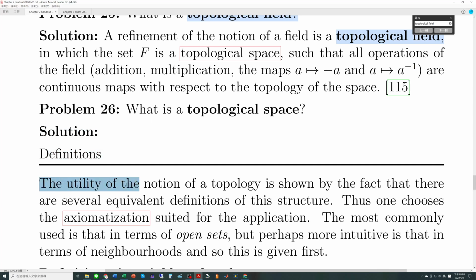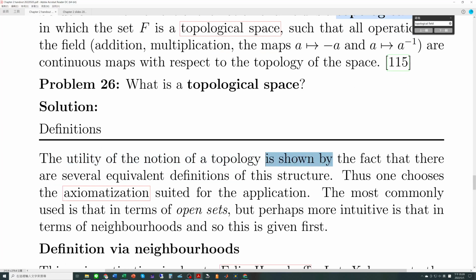The utility of the notion of a topology is shown by the fact that there are several equivalent definitions of this structure. Here notion means the concept. Thus one chooses the axiomatization, we will explain what is the axiomatization later, suited for the application. The most commonly used is that in terms of open sets.